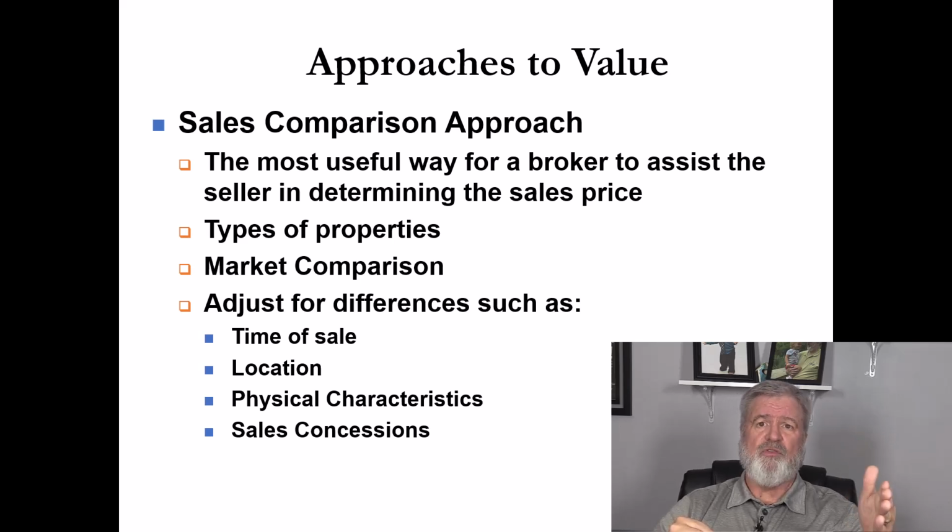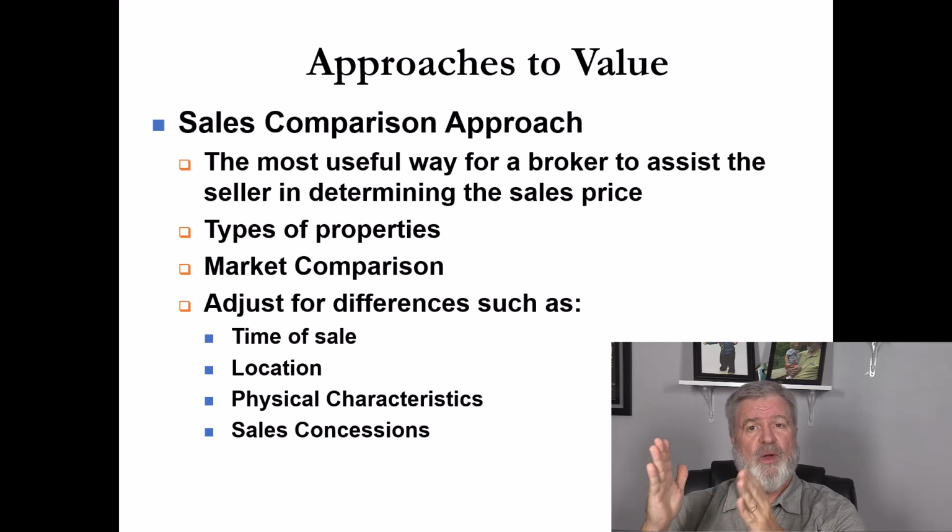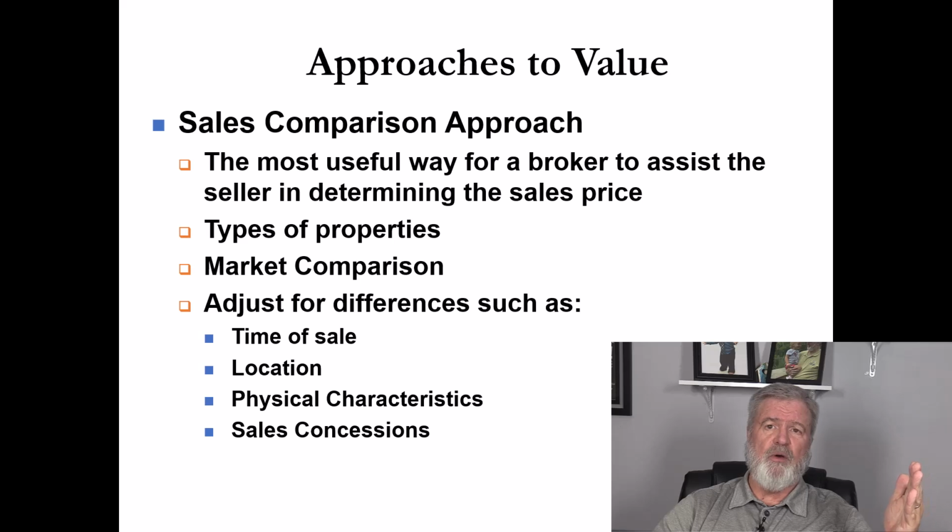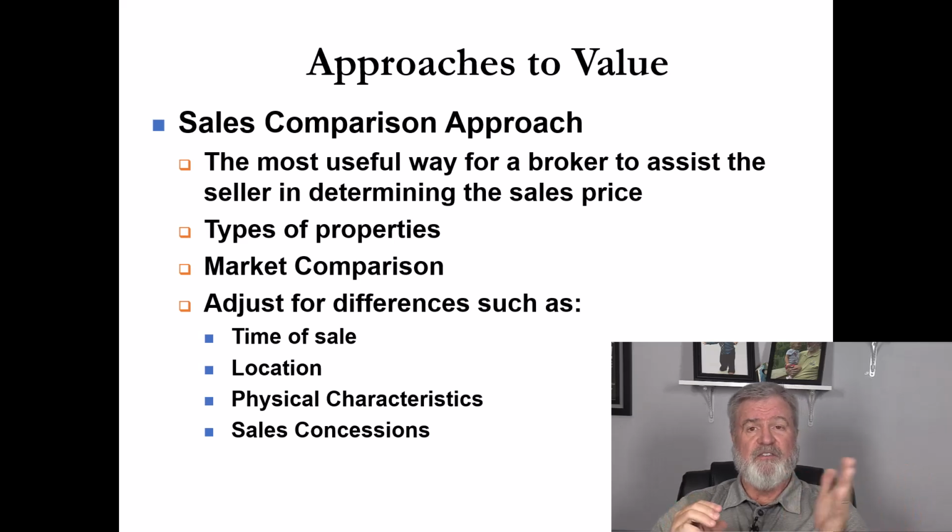When that property sold, were there the same number of properties already on the market as what you're dealing with today 5 months later? And if it's not, you're going to have to make an adjustment for that, right? Were you more in a buyer's market 5 months ago? And if so, are you still in a buyer's market today? You got to take a look at that, because all that's going to matter.